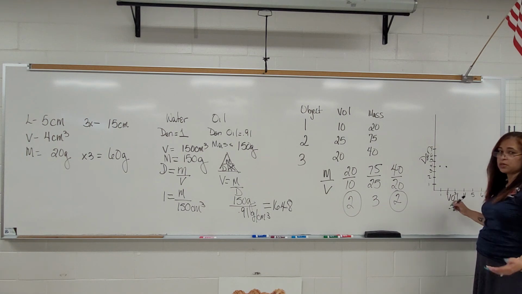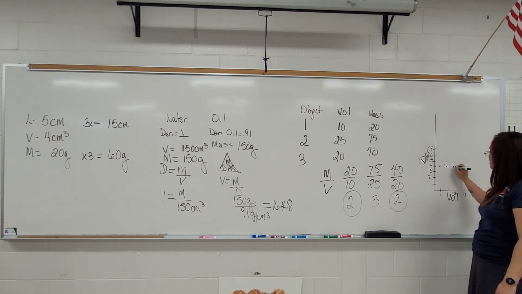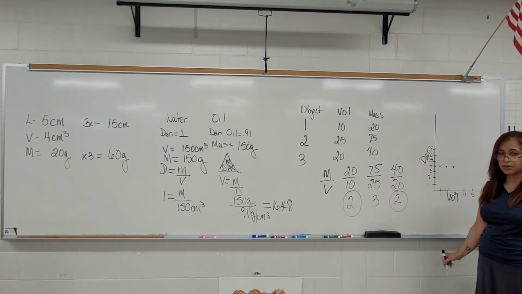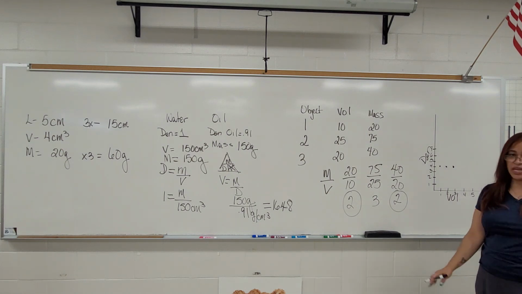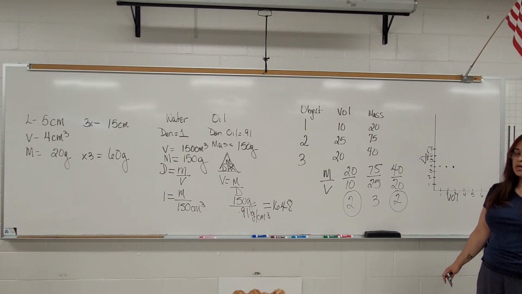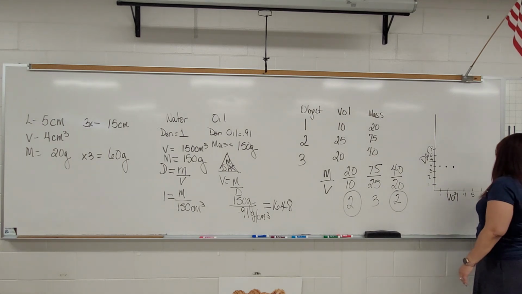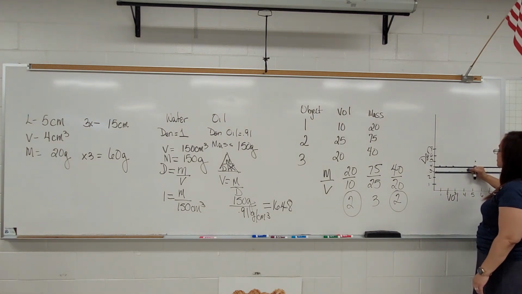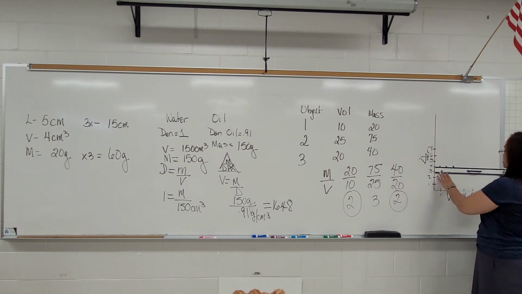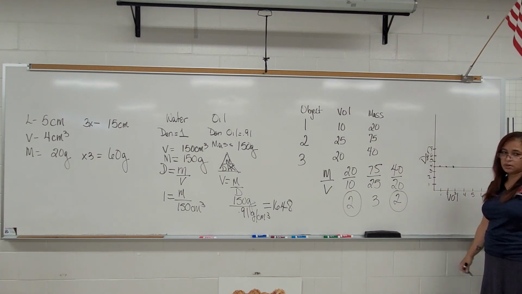If I have 3 cubic centimeters, it's still going to have a density of 4 grams per cubic centimeter. The density doesn't change. It doesn't matter how much or how little of the substance you have. So if you are comparing the density of the substance versus the volume, it is linear.